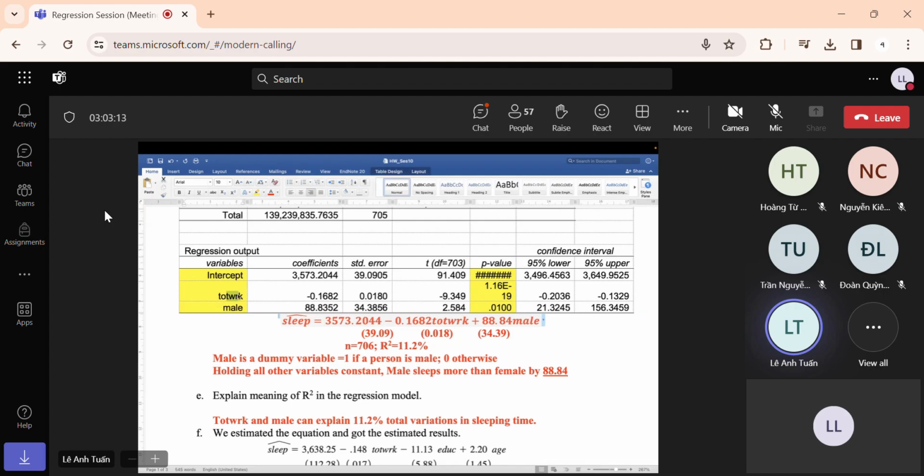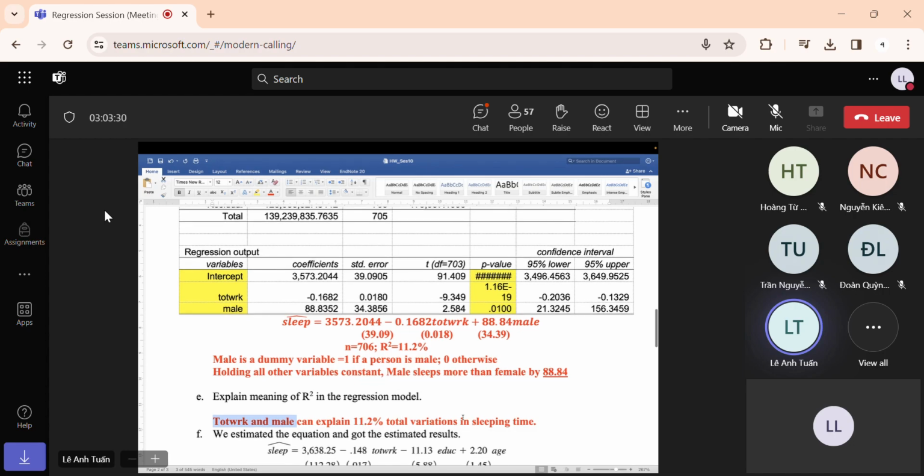The first independent variable S1 is total work, and S2 is male. That means we use total work and male to explain the sleeping time, and you can see the two independent variables only explain 11.2% of the total variation in the sleeping time.